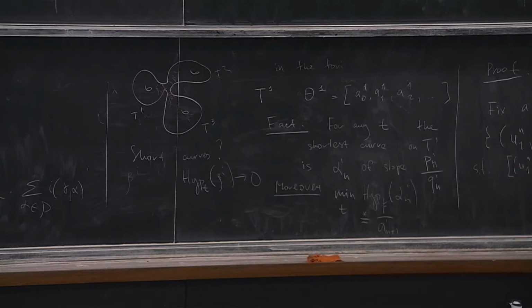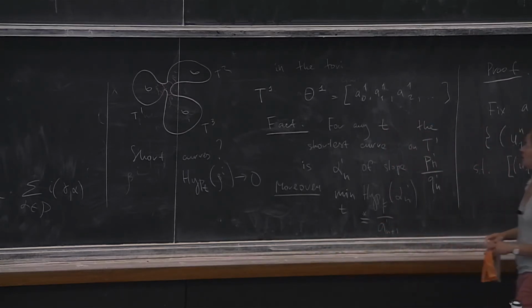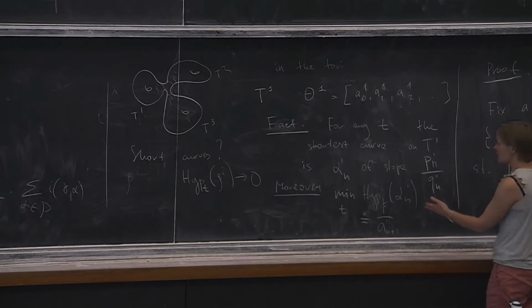So the minimum has something to do with the coefficients in the expansion of the slopes.